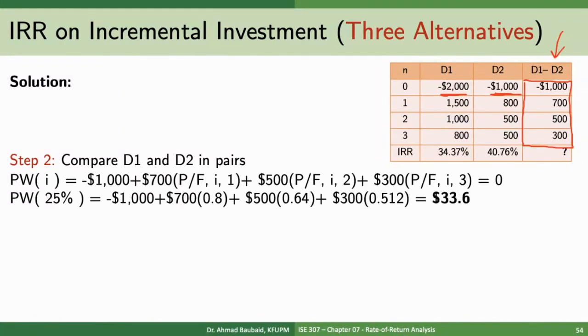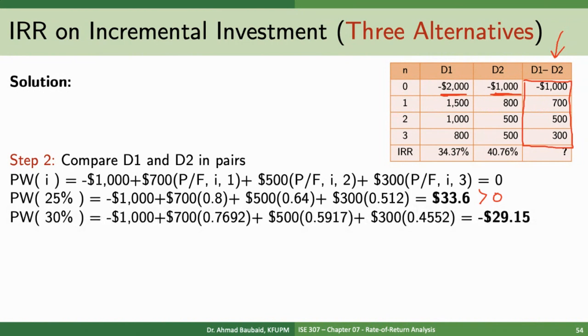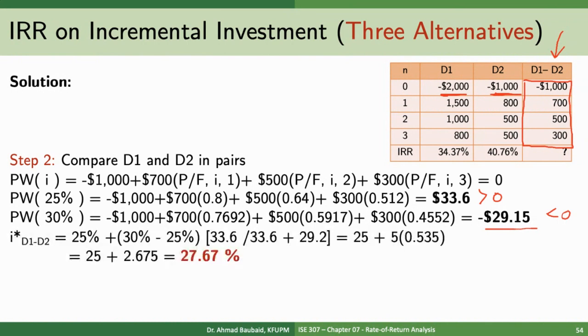The present worth is equal to 0. They tried a value of 25%. They're using the trial and error approach again. They find a positive net present worth, so I need to increase I. They tried 30%. I've gone negative now, so my I is in between. I can interpolate.